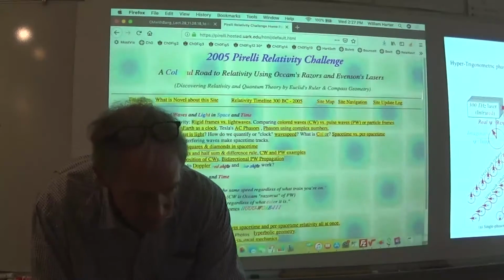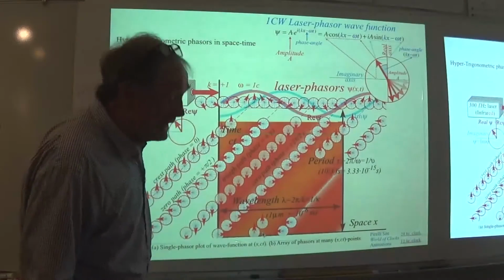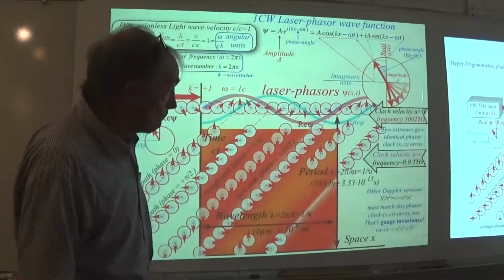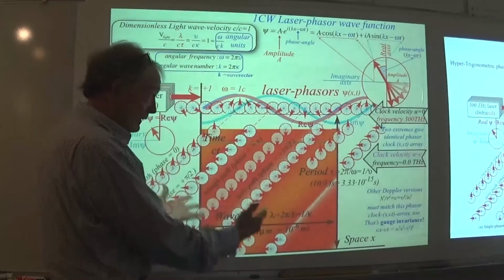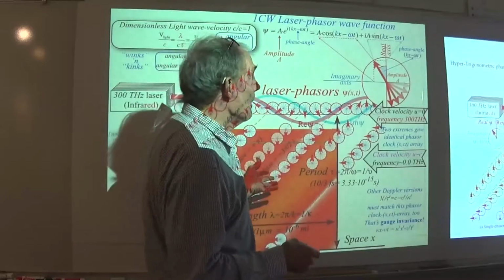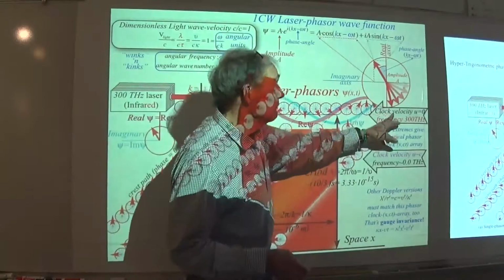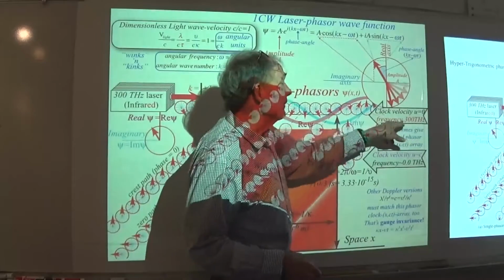Anyway, let's go back to this and point out something else that's happening here. There are two extremes of a gauge field. The first is where the clock frequency is 300 terahertz.